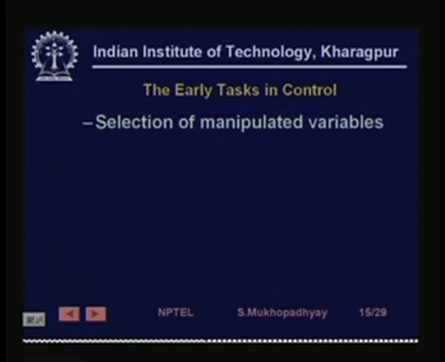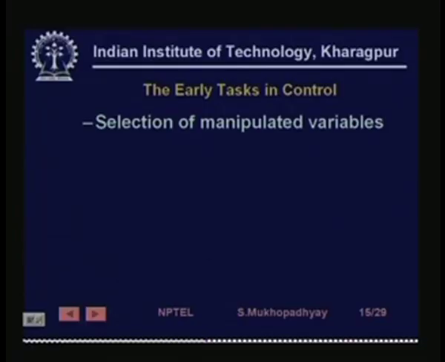I wanted to start with the early tasks in control, because these are the parts that we generally never pay attention to in an undergraduate control course. Neither have I paid attention to them here, but at least let me mention that these are very important tasks.